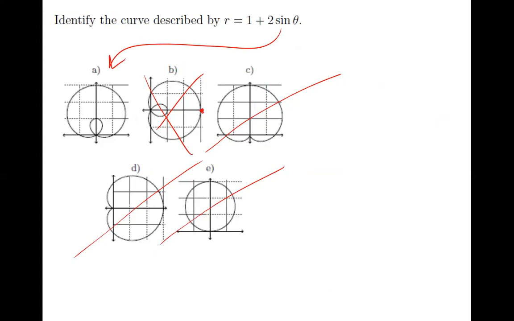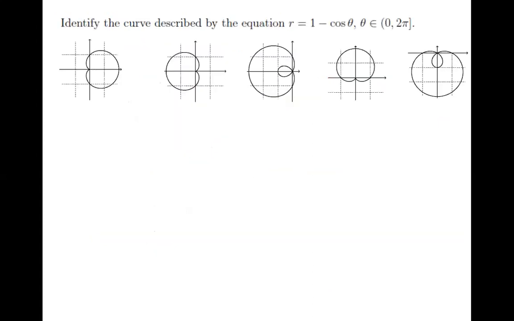Excellent. And I have one more. Identify the curve described by the equation r equals 1 minus cosine theta. A, B, C, D, E. B, okay.